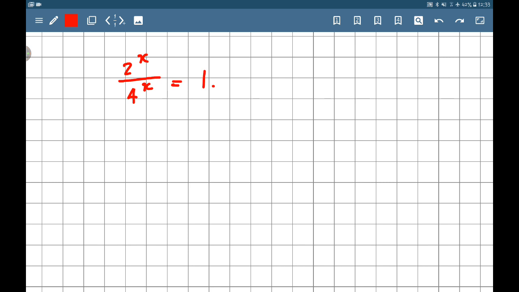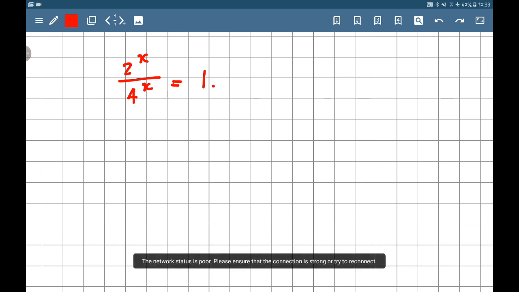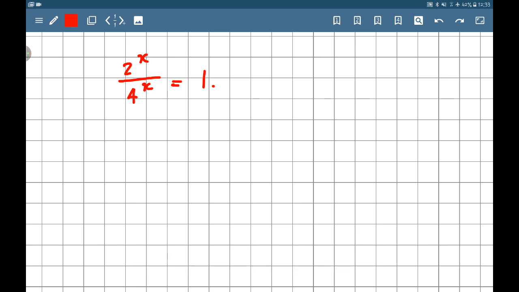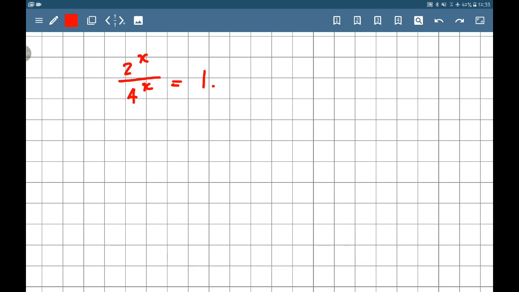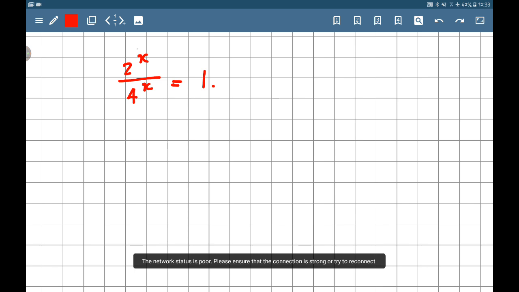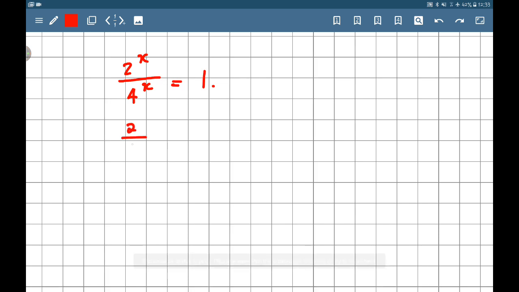It did, right? Yes, sir. It needed you to think, to utilize the exponential rules. Remember, if the exponent is the same, this can be written as 2 over 4 to the power x. Am I right? Is equal to 1.